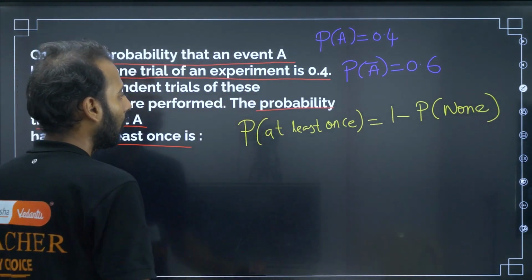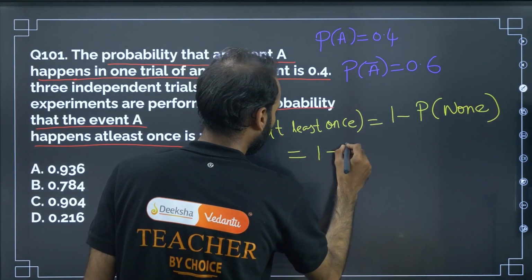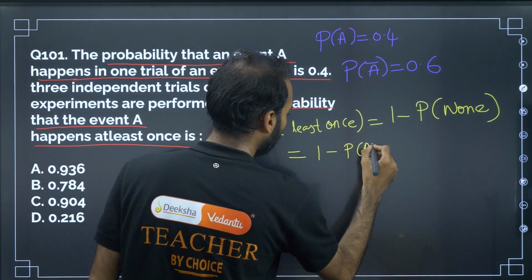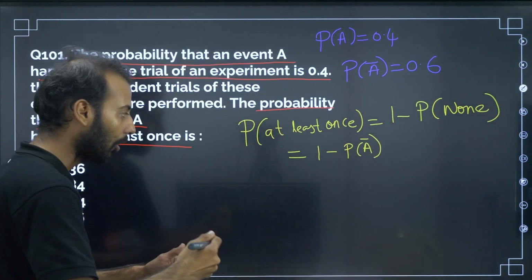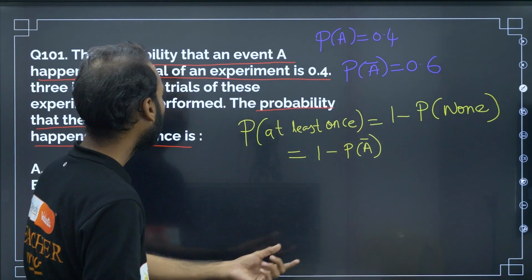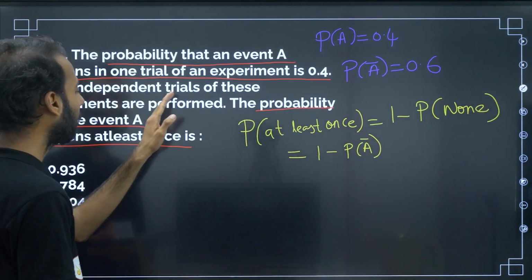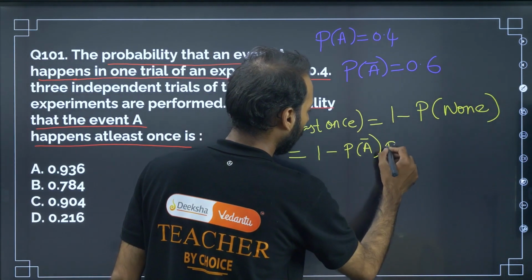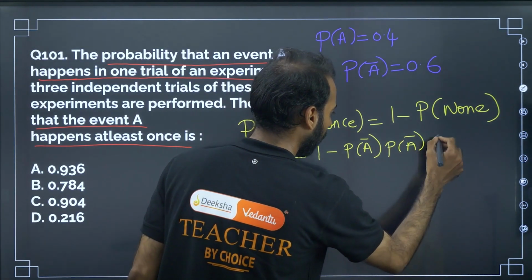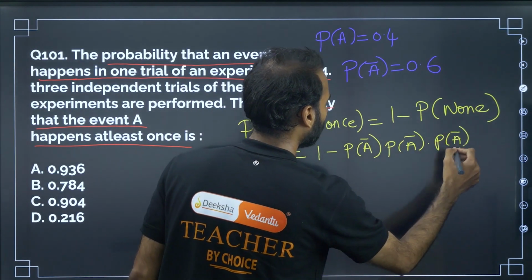So 1 minus none, means the event should not happen, probability of A dash. Now probability of A dash, these experiments they are performing thrice, so it should not happen, not happen, not happen.